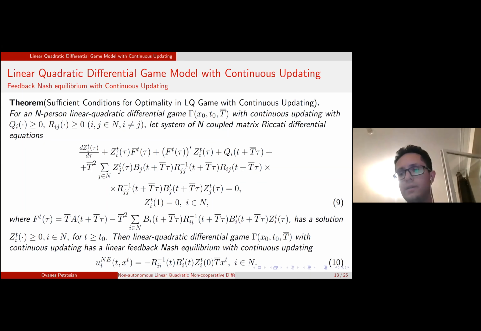In the classical linear quadratic optimal control or Nash equilibrium, the dependency is on the whole solution of the Riccati differential equation. Here it is only on the first point, the point at 0. That is an important thing, which shows us that when the horizon is moving continuously, we only take the first point every time.